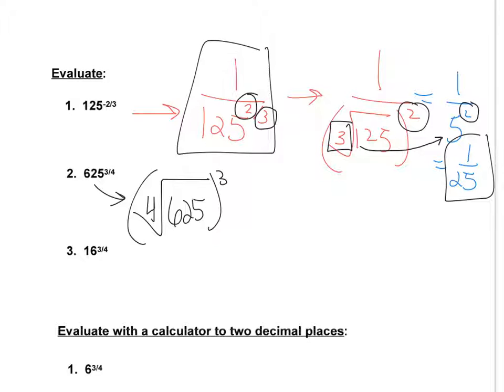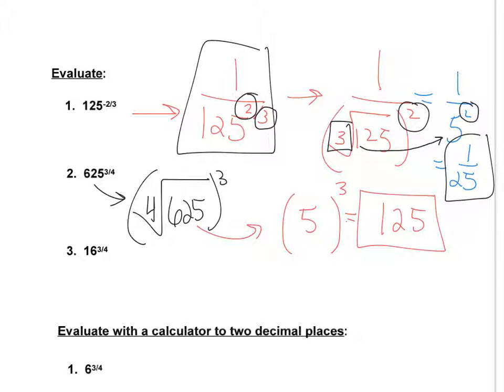Take a second to think about what number times itself 4 times gives you 625. That number then goes in the parentheses and then you cube it. The 4th root of 625 is 5, because 5 times 5 is 25, times 5 is 125, times 5 again is 625. And then we do 5 to the 3rd power, which is 125.